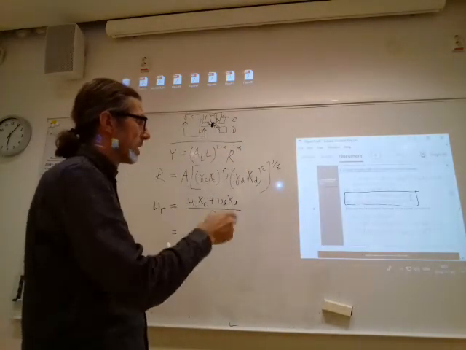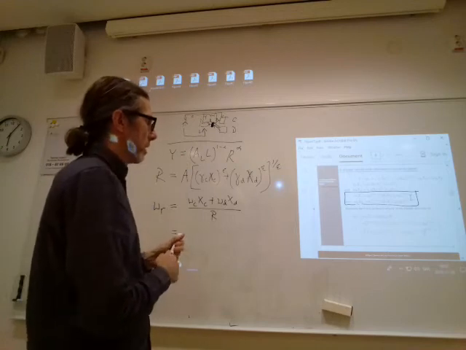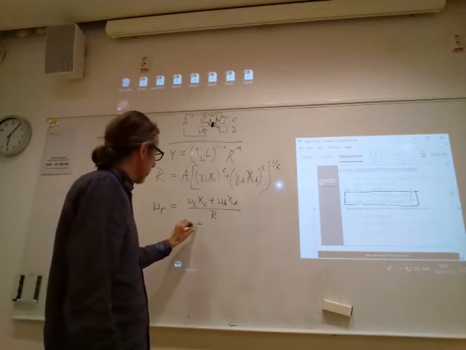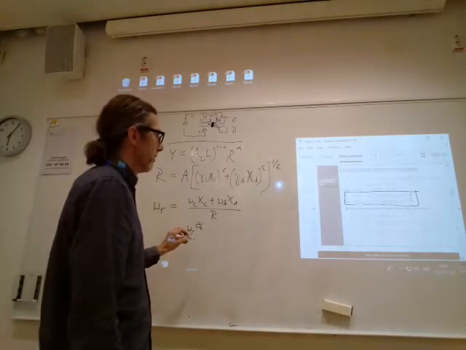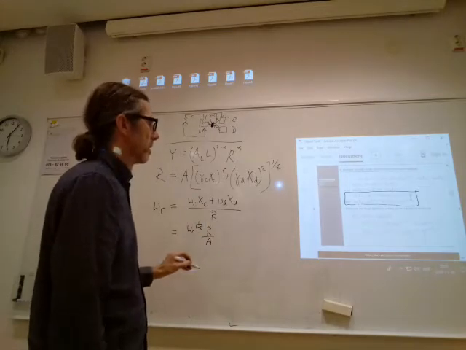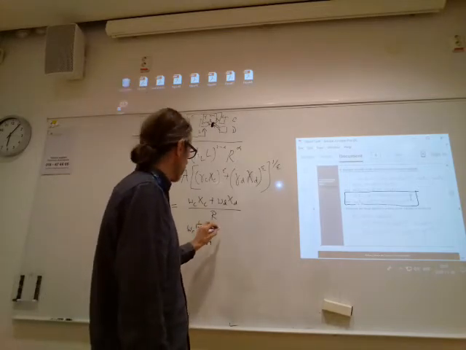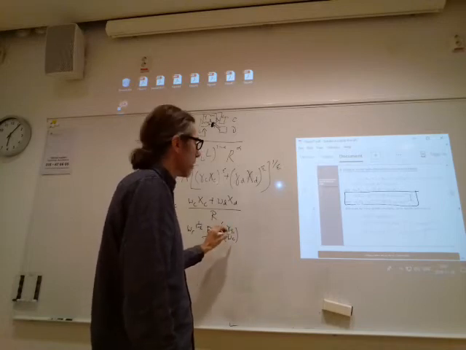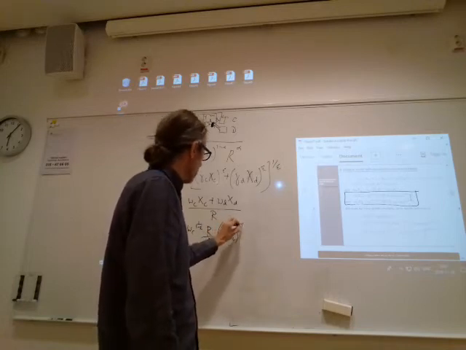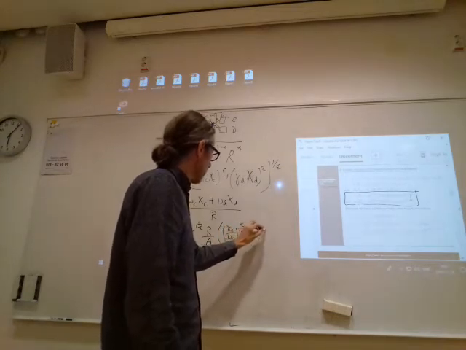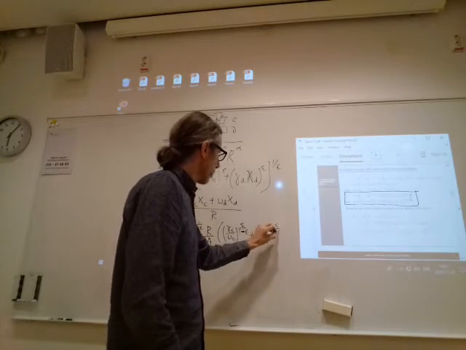When we put those together, we get WR to the 1 over 1 minus epsilon times R over A times [gamma C over WC to the epsilon over 1 minus epsilon plus gamma D over WD to the epsilon over 1 minus epsilon].